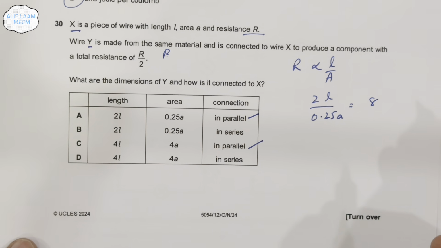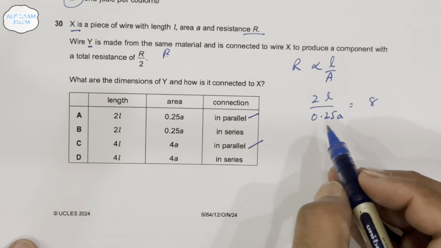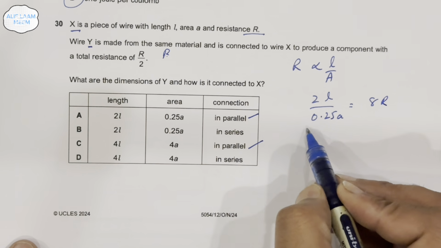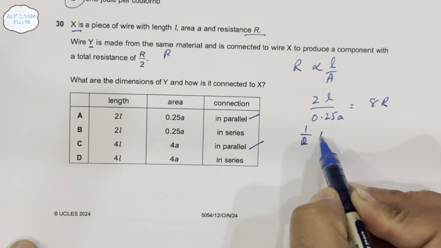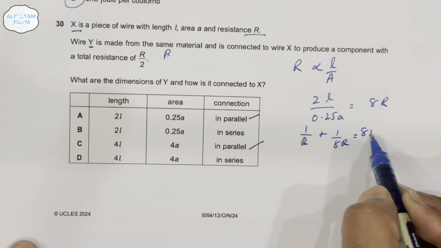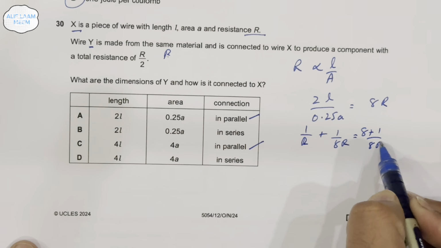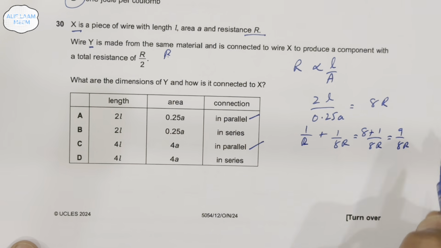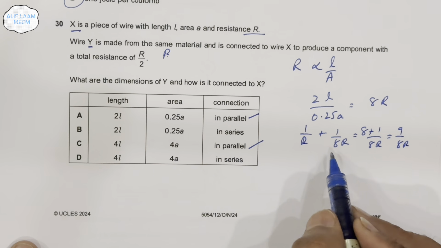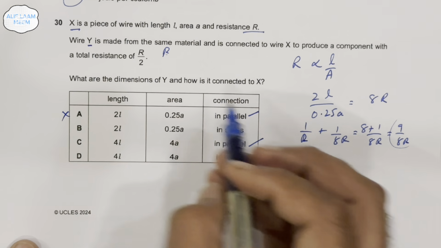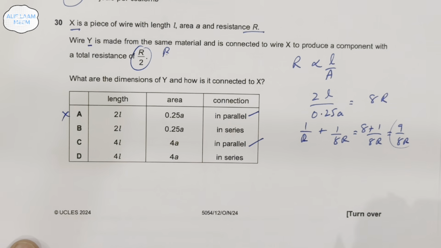So this is 8 we have calculated, and if this is 8R, then 1 over R plus 1 over 8R, the effective resistance would be 9 over 8R. So this would be their combined resistance. So this is the wrong answer, because their combined resistance is R by 2.